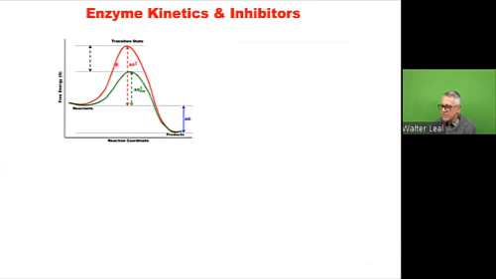Of course, I made a simplification here of one single step. There are reactions with multiple steps. But what matters is the largest delta G, the step that determines the speed of the reaction. So that's the one we want to lower as much as we can. As you decrease that, the reaction becomes faster. That's exactly what the enzyme does.